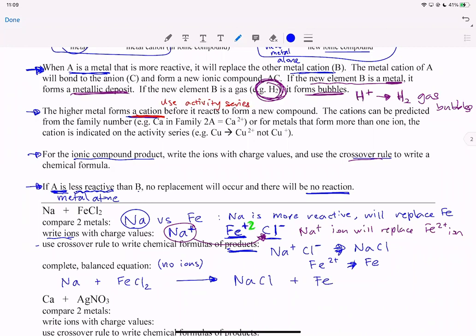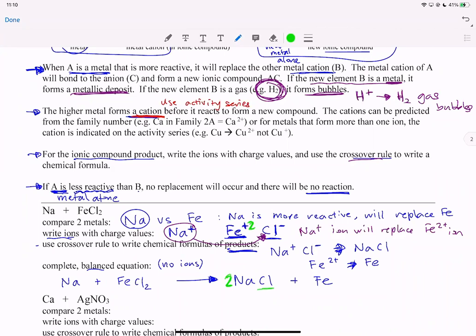Okay, so first you write the reactants and then the products, and then you got to balance it by adding coefficients. Those are whole number values that you put in front of a chemical formula, and you never change any subscripts. So don't put a 2 after NaCl, put a 2 in front of NaCl, so that you could have 2 of those chlorines.